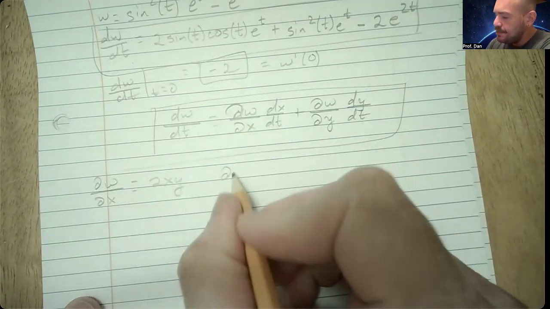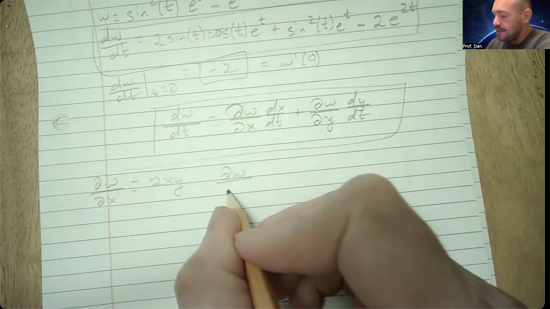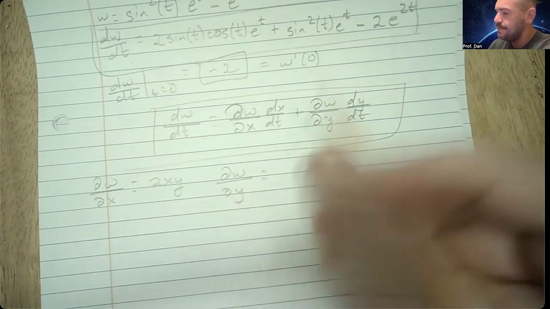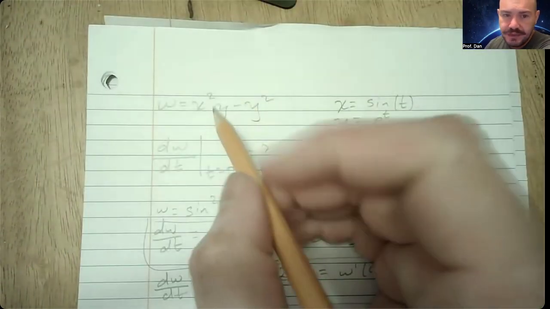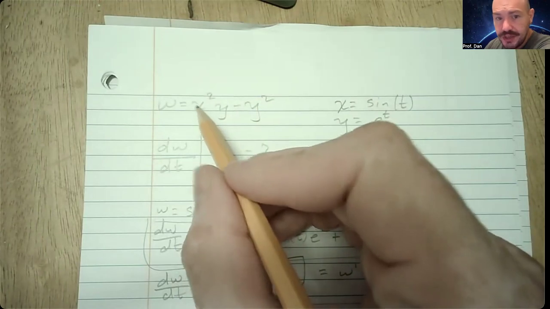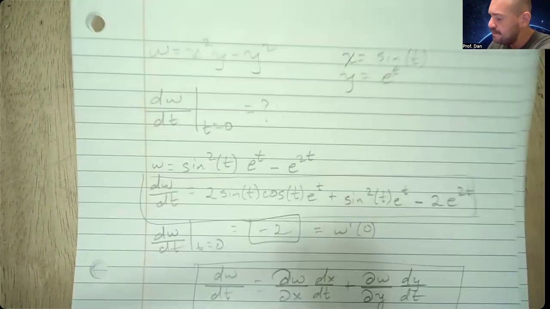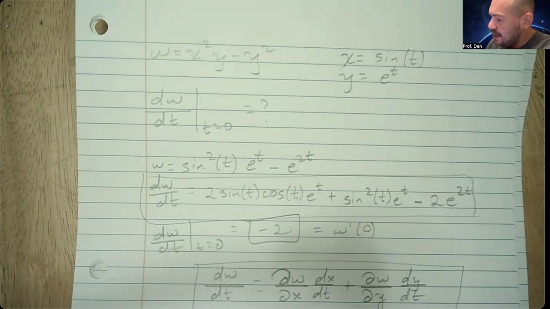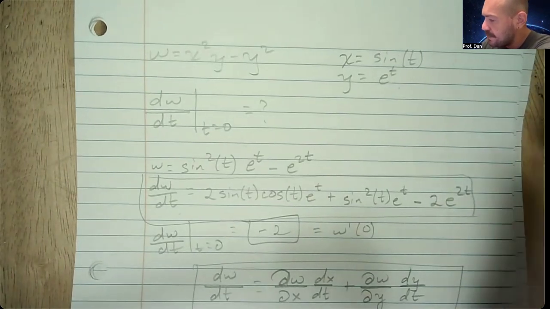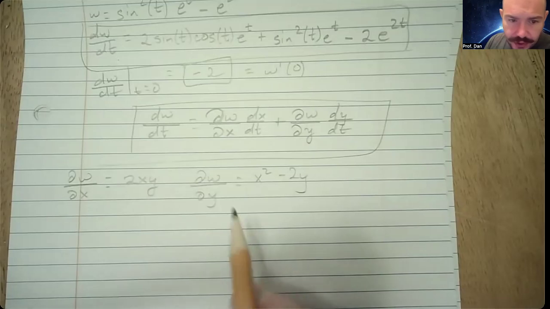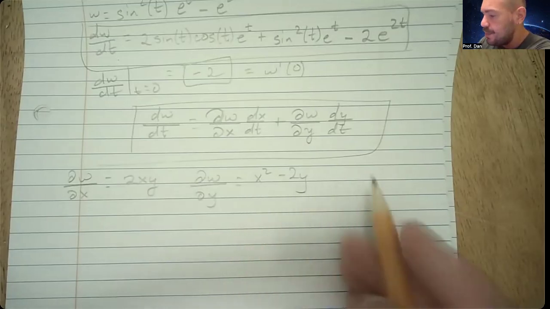We need to know the partial derivative of w with respect to y. Okay, and again, derivative of that first term will just be the number x squared. And derivative of the second term will be 2y. So that's what we get for our partial derivative of w with respect to y.